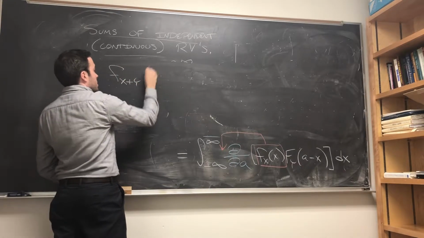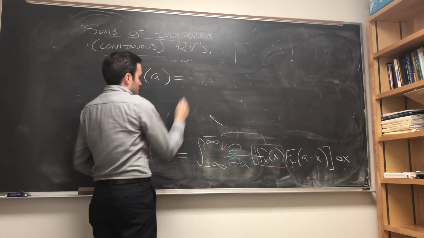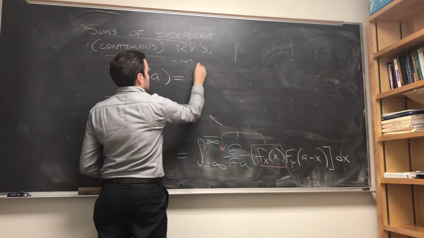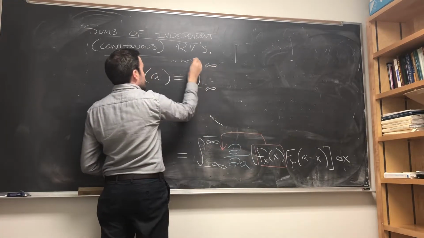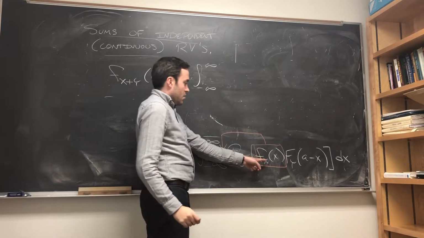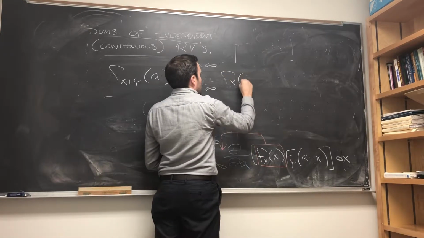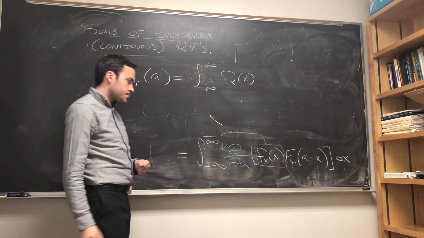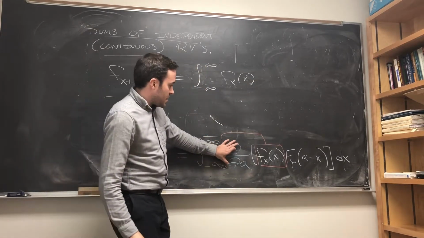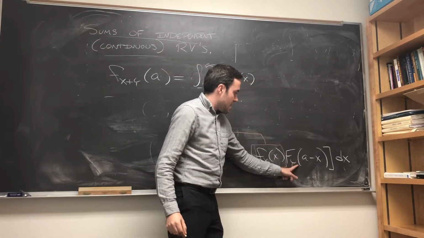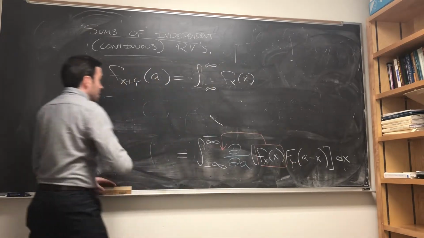Just to rewrite what we had, starting from here, we've got that this is the integral from -∞ to infinity. Now, this comes outside of the derivative unchanged, like that. And now we're just taking the partial derivative with respect to a of f sub y of a minus x.